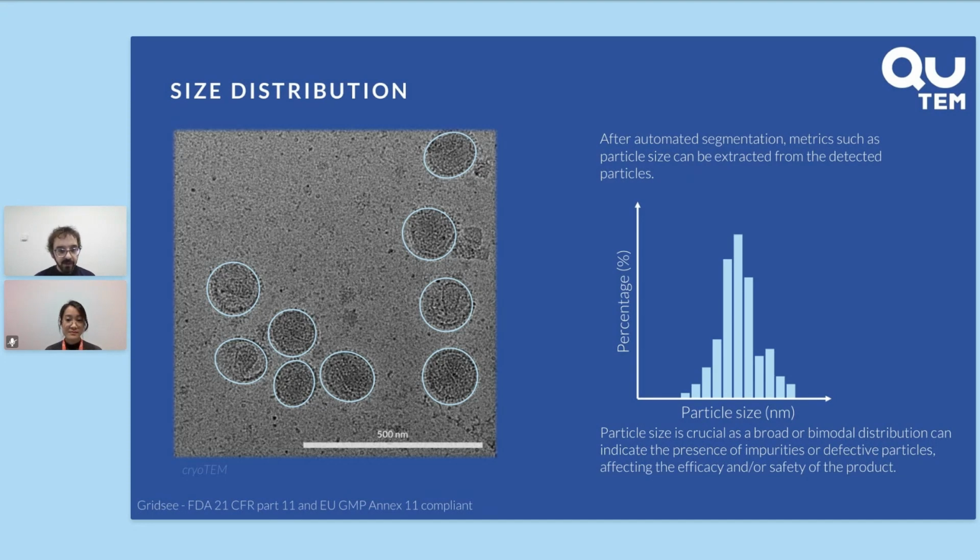When it comes to lentiviruses, I would say that most of the classification is done manually nowadays. We typically look at the particles and then classify them manually. We have some tools that help with the classification, but it still is a lot of manual work.